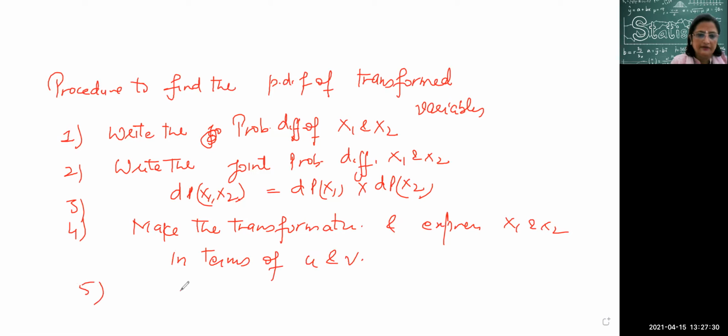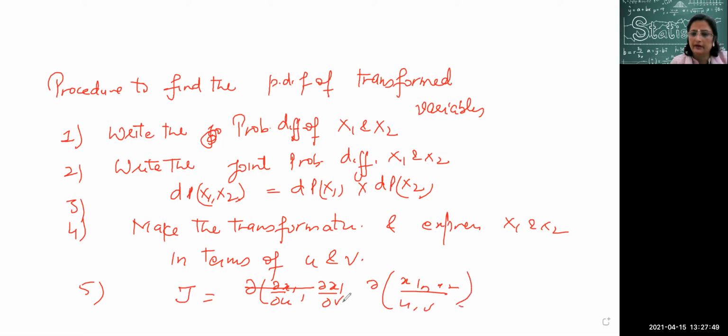Number 5. Then find the Jacobian of transformation, which is equal to the partial derivative of x1 by u, partial x1 by v. So you can write it like that, partial of x1 comma x2 upon partial of u comma v. In short, you can. Okay.